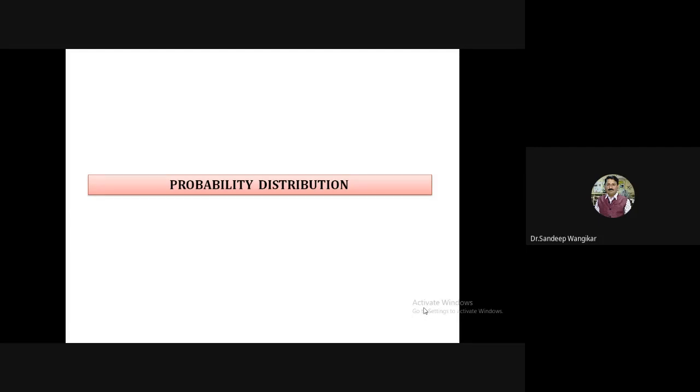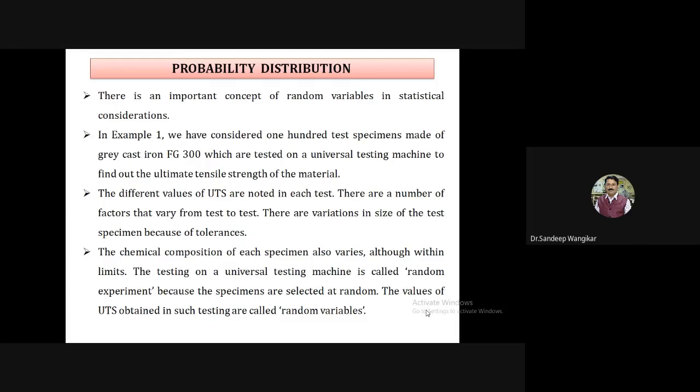We discussed tossing a coin. There may be head, there may be tail. So the probability of getting head is 50%, 0.5. This is the basics related to probability, and let us move to probability distribution.